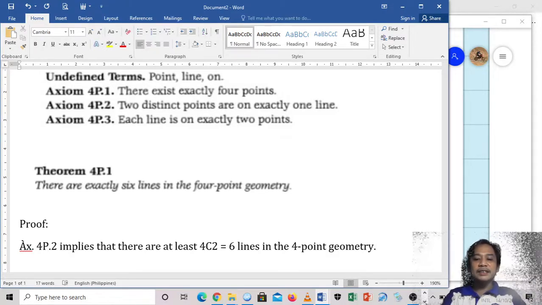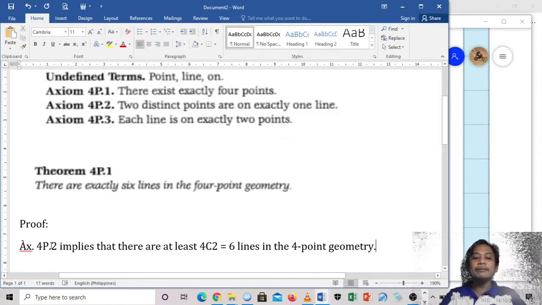So we have shown the existence of at least 6 lines. Okay, that is based on axiom 4p.2.